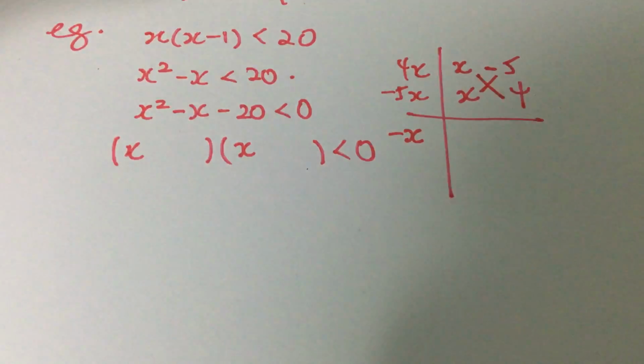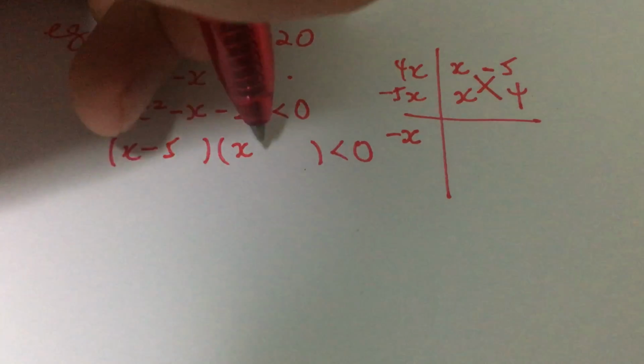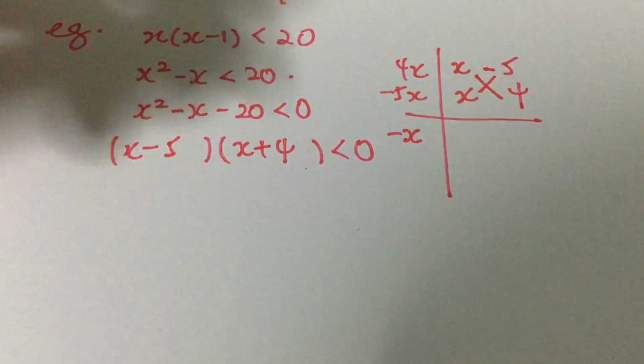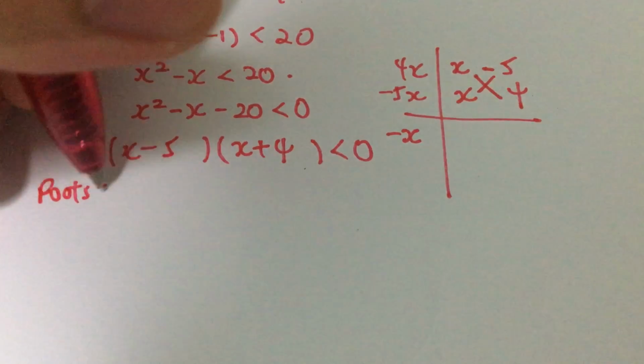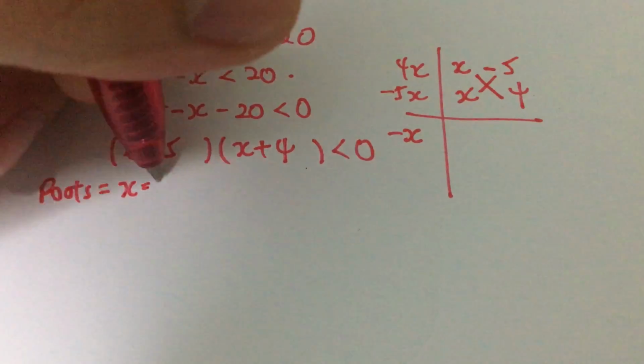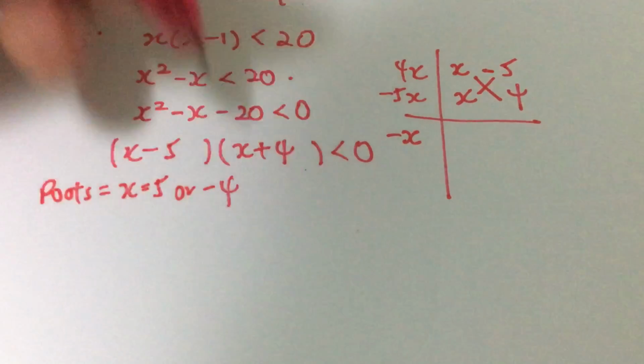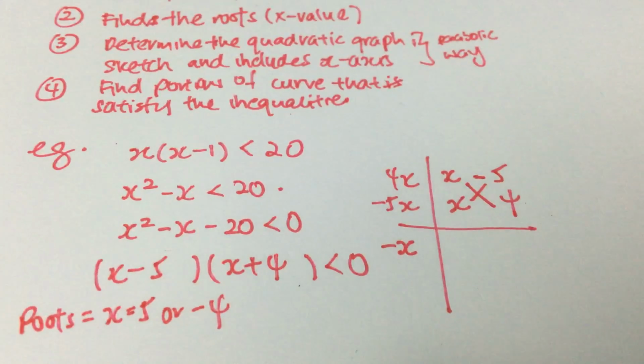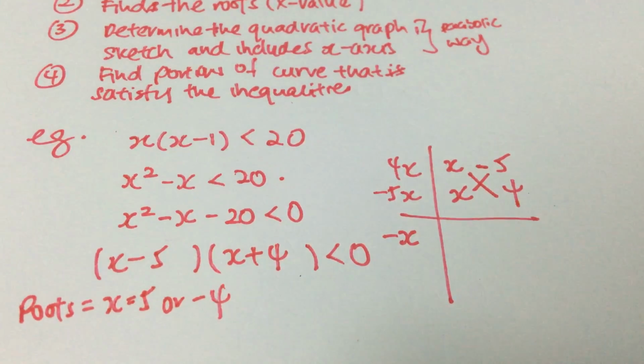So we have the solution (x - 5)(x + 4). So the roots are x is 5 or negative 4. So that is the second step, finding the roots of the quadratic equation.